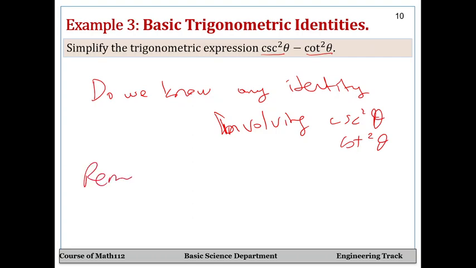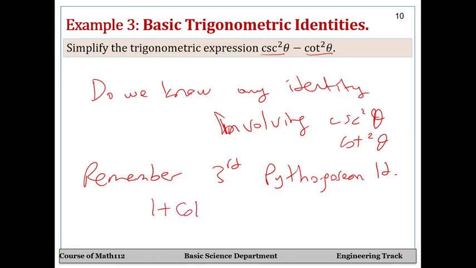Remember the third one? It was this: 1 plus cotangent squared theta is equal to cosecant squared theta. So cosecant squared theta is 1 plus cotangent squared theta.